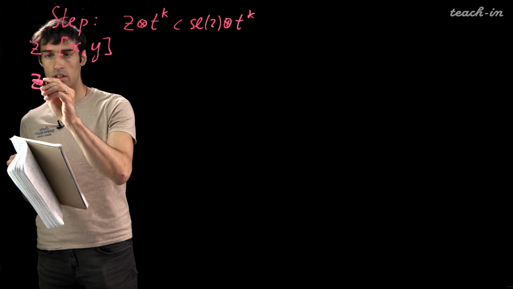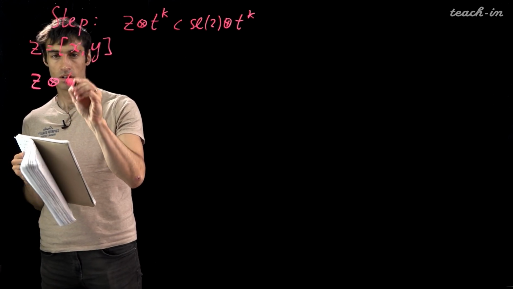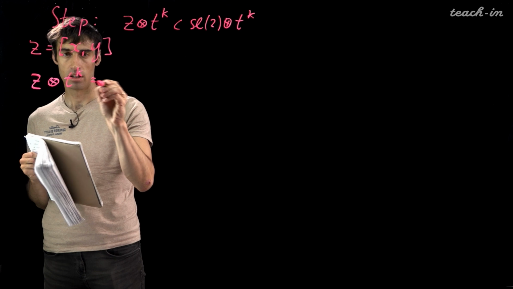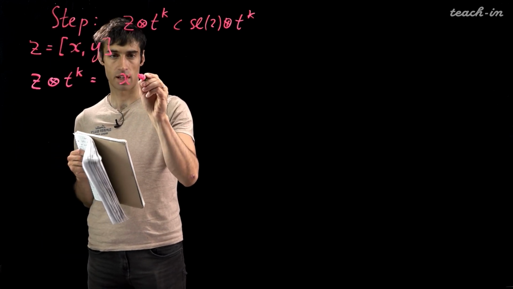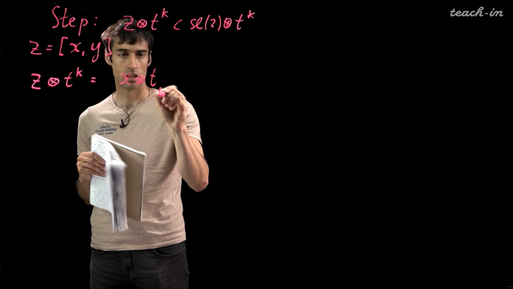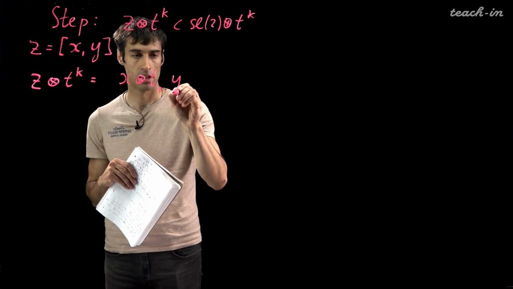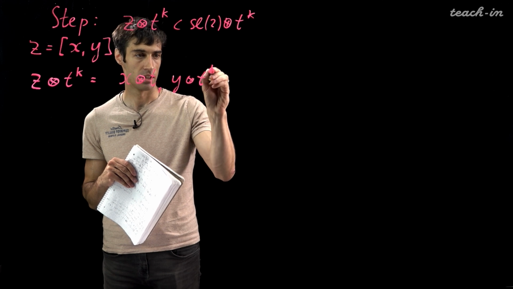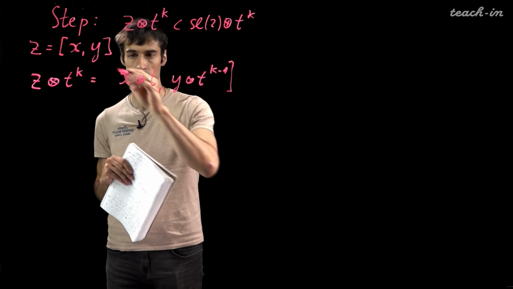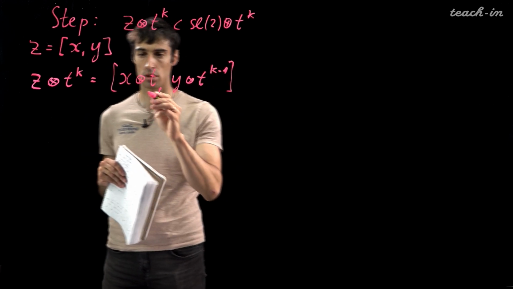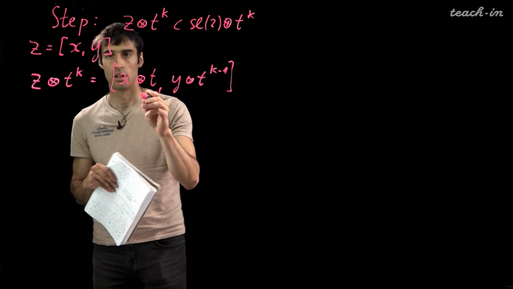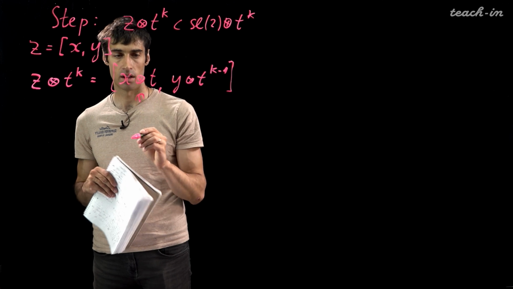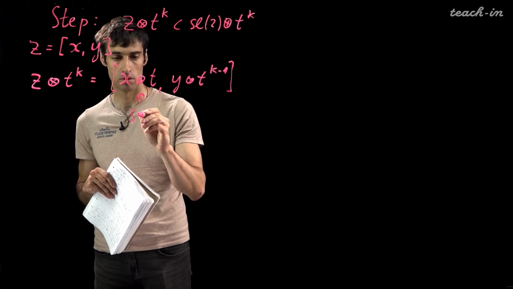Therefore, Z tensor Tk I can write as the commutator of X tensor T and Y tensor T to the K minus 1.